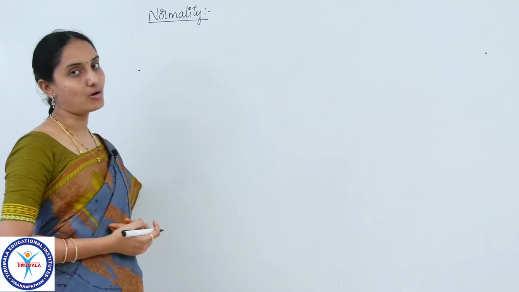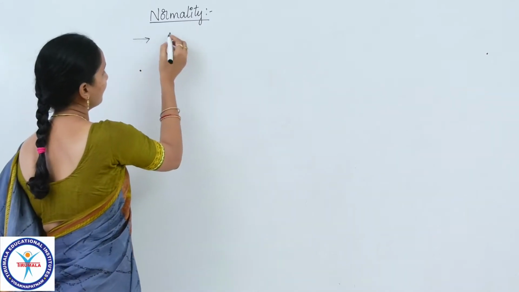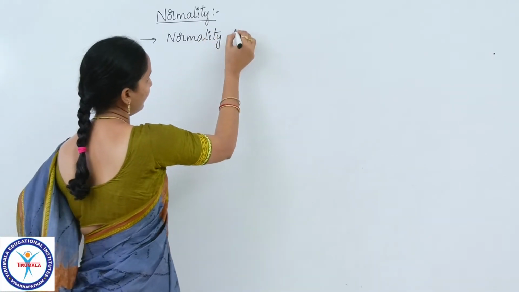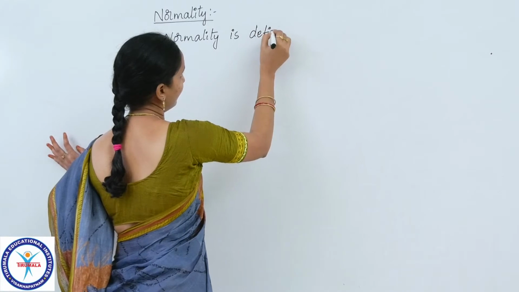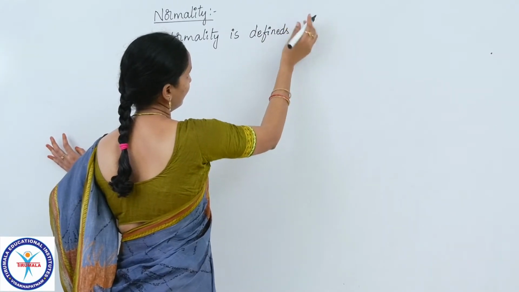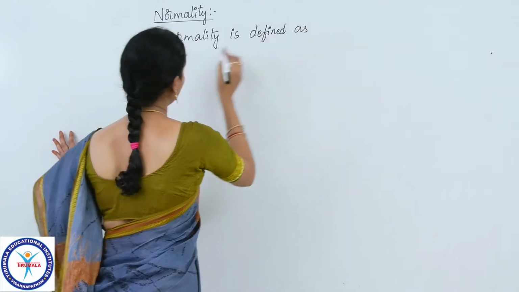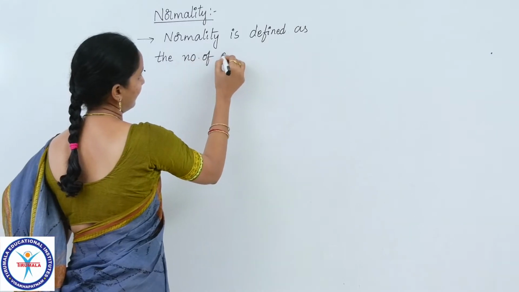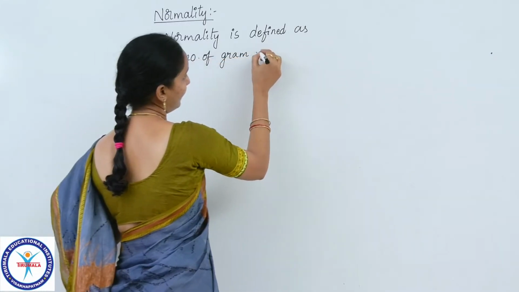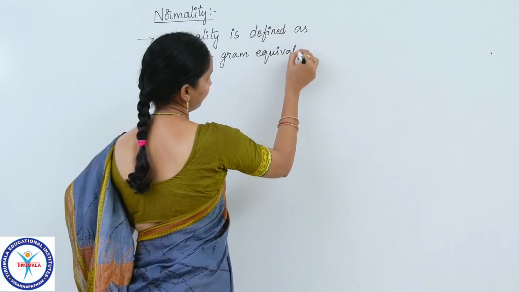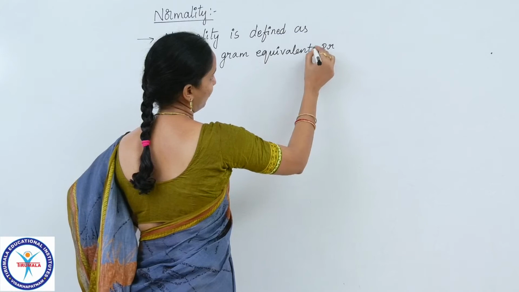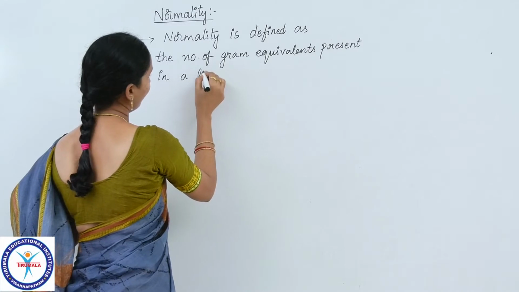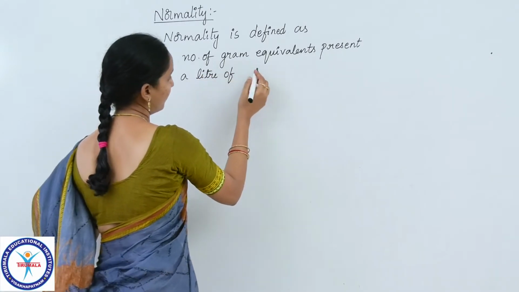So let me first define this normality, children. Normality is defined as the number of gram equivalents present in a liter of solution.